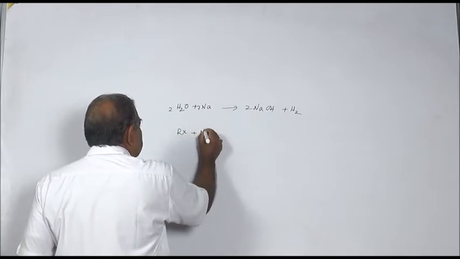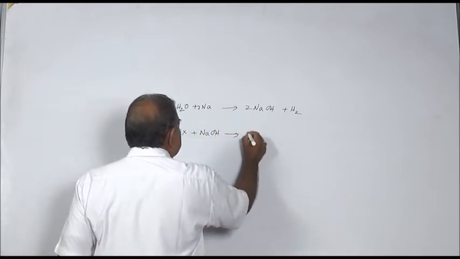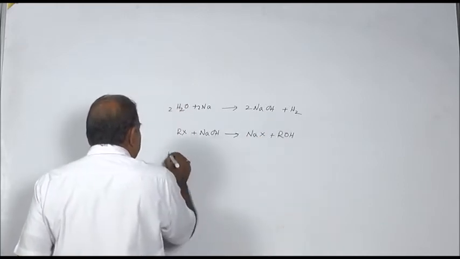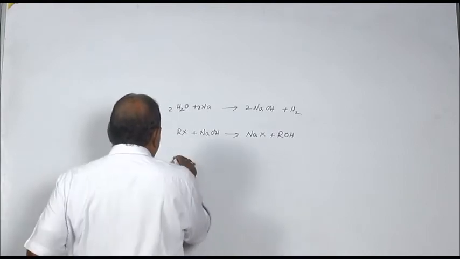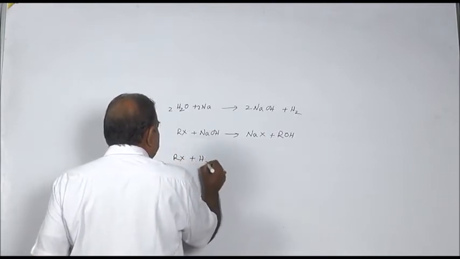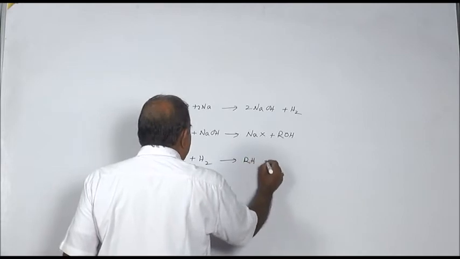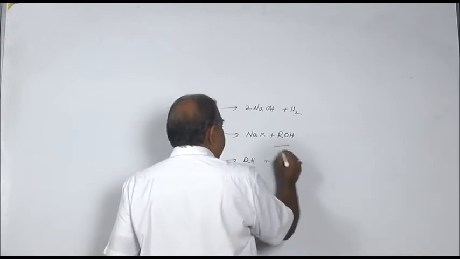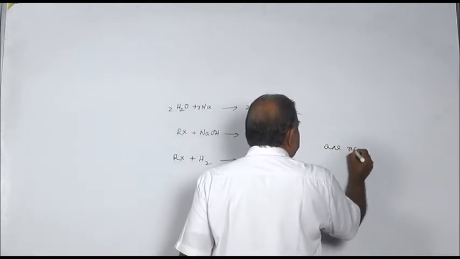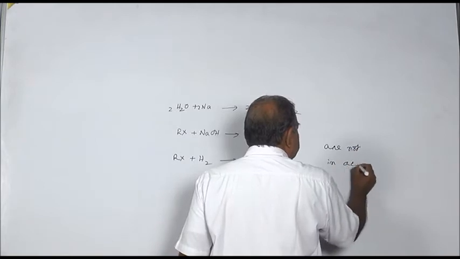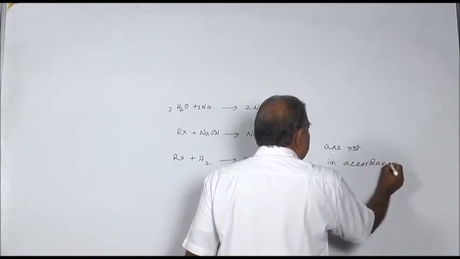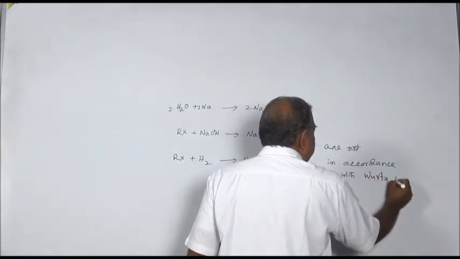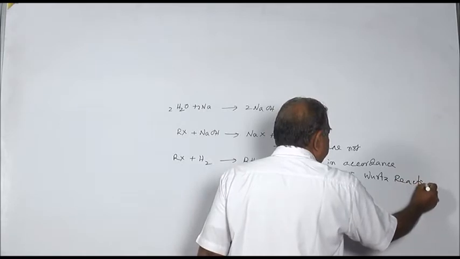Alkyl halide reacts with sodium hydroxide, giving you sodium halide plus alcohol. The hydrogen produced also reacts with alkyl halide to form RH, but here the number of carbon atoms is not changed. So these two products are not in accordance with Wurtz reaction. Wurtz reaction aims at getting more carbon atoms.